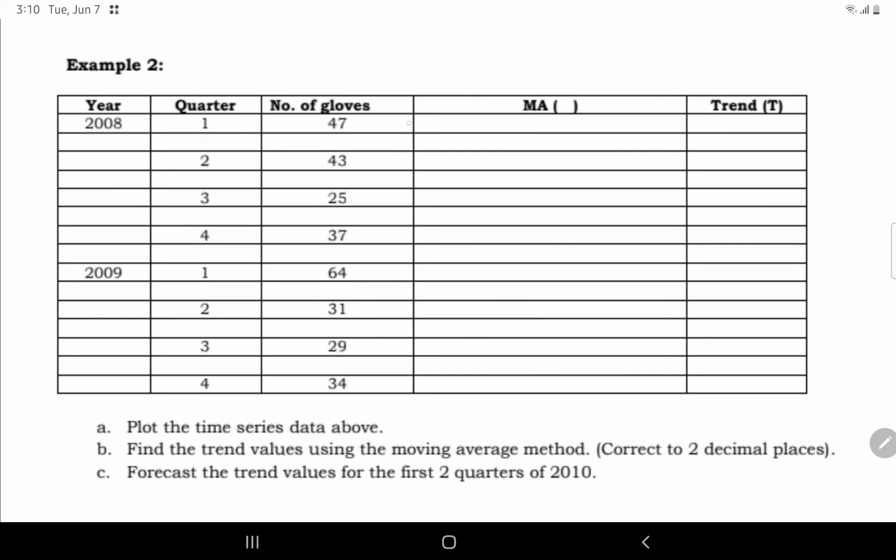Okay, previous example tadi, kalau kita perform MA4 kat sini, kita ambil 4. So, nilai average of this 4 will be written here kan, dekat sini. Jawapan dekat sini, ini belum ada apa-apa quarter dekat sini, tak ada. So, sebab itulah kita kena tambah lagi satu kolom untuk trend.